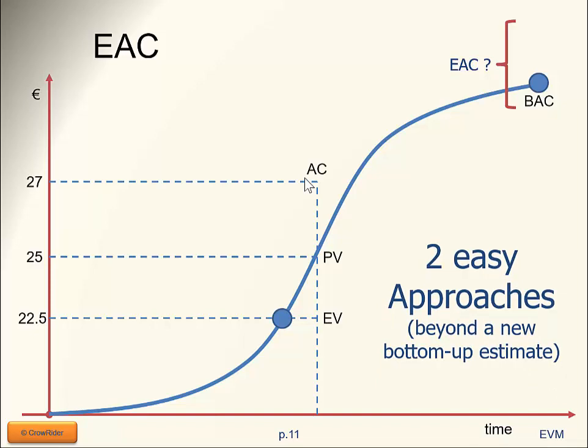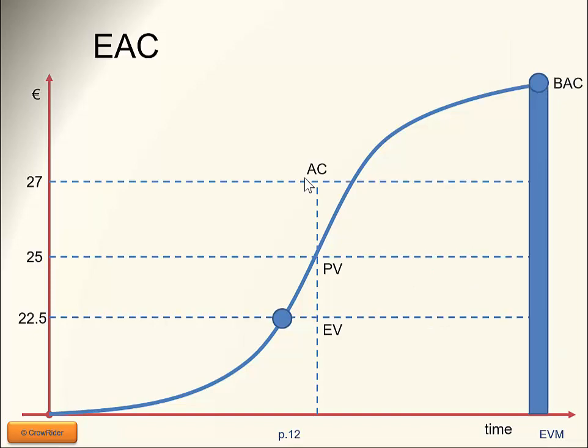First of all, remember that the budget at completion represents the total amount of work that you need to do by the end of the project. While the actual cost represents the total amount of money that I've spent so far.